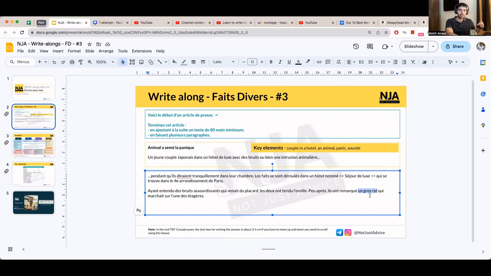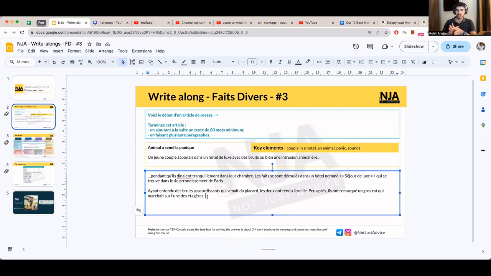And just to add a description that it was a fat rat, just to exaggerate it, un gros rat, okay, which means a fat rat, qui marchait, which was walking, sur l'une, sur is over, sur l'une, one of the what? Shelves, étagères. Okay, étagère.